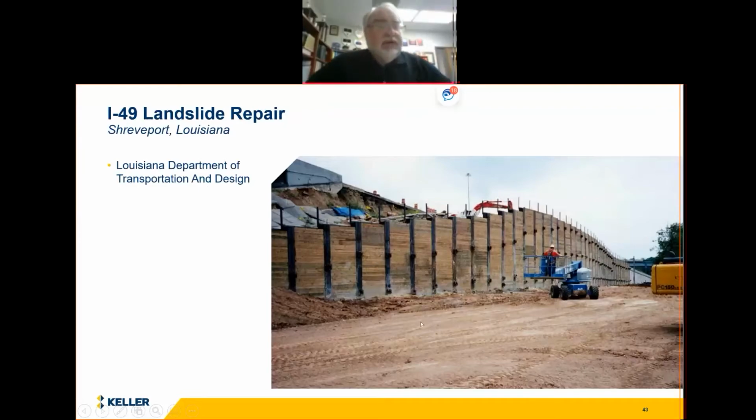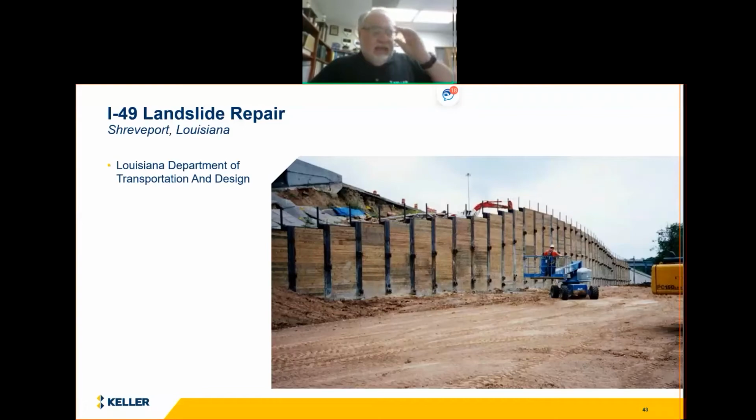This is a project from Shreveport, Louisiana, that was done as a repair for the Louisiana Department of Transportation and Development. It was a very interesting case history where a reinforced earth wall that was pretty old had been sitting there for a long time, but unfortunately it was so flat that there was really no drainage going on.